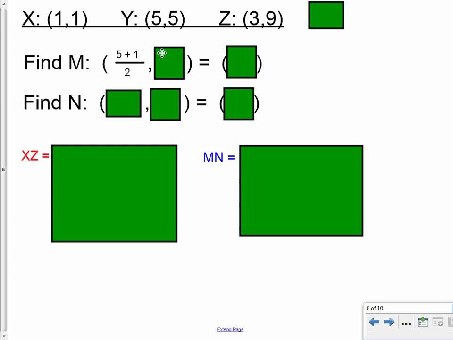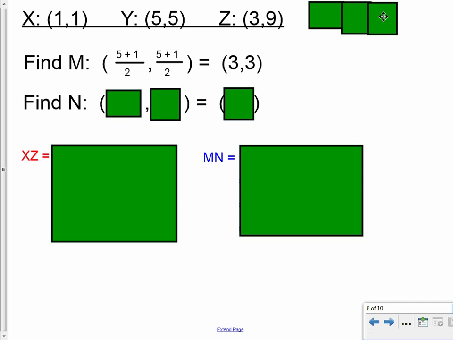Again, our new Y value is going to be Y2, this 5, plus Y1, which is 1, all over 2. It's our average of the Y values. In both cases, 5 plus 1 over 2, 5 plus 1 is 6, divided by 2 is 3, so M is going to be at the spot 3, 3.